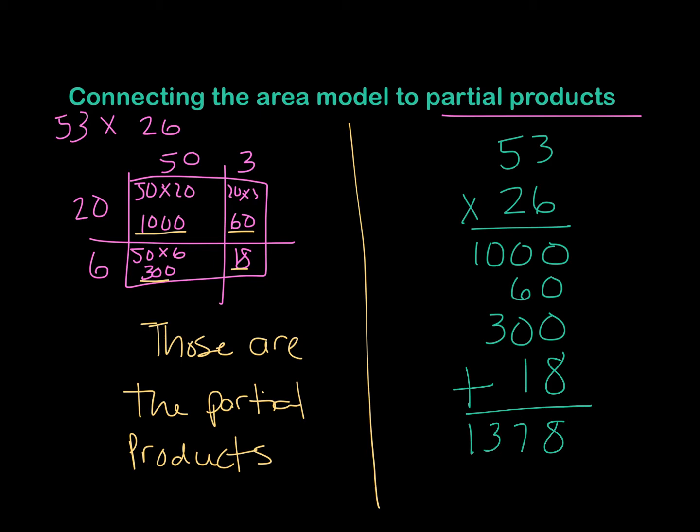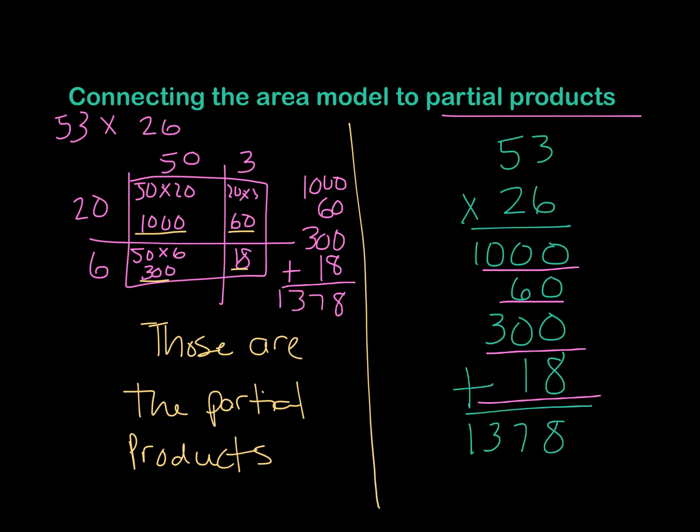If you were to add up the partial products on the area model, which I'll stack up real quick, there's your 1,000, there's the 60, and here's your 300. And then you have your 18. And when you add them up, you're going to wind up with the same answer, 1,378.